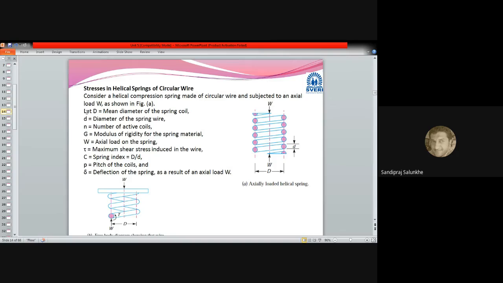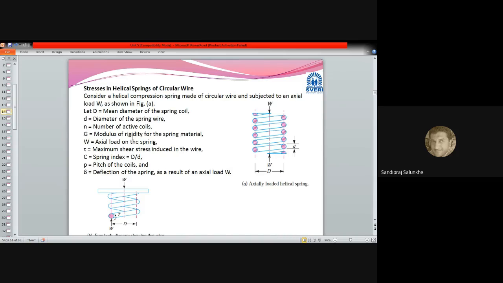Got it? So N we are going to consider as the number of active coils. If the total number of coils is given in the spring, the number of active coils can be calculated from the previous table which we have seen in the previous slide. G is the modulus of rigidity of the spring material.